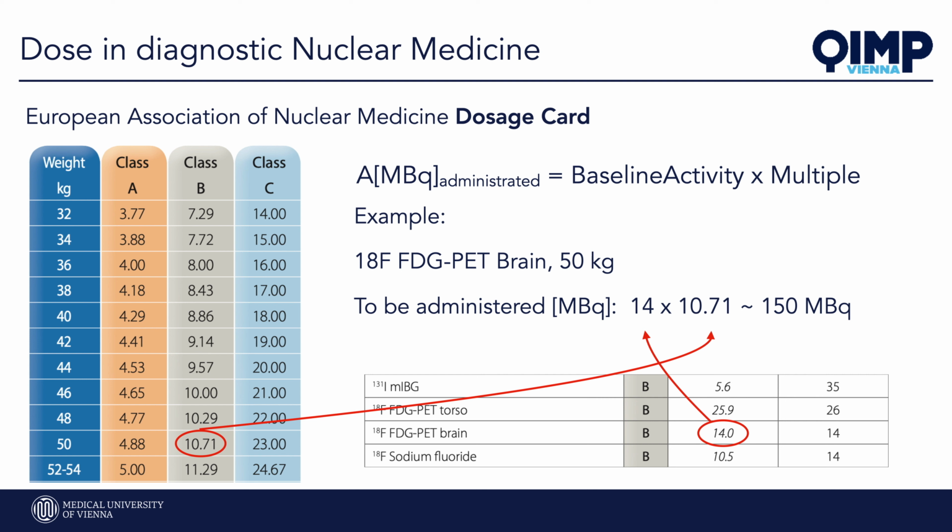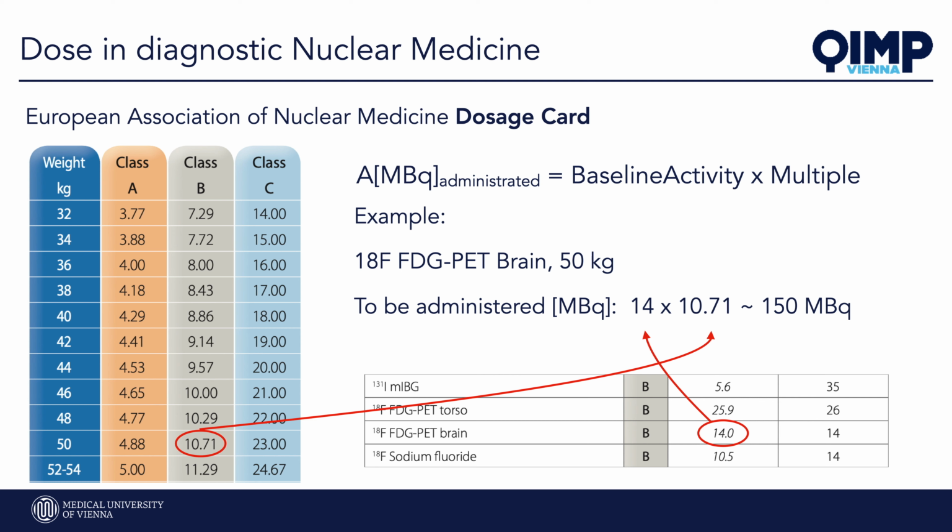For example, for an 18F-FDG PET brain scan of a patient weighing 50 kilograms, the administered activity is calculated as the baseline activity, which for this type of examination is defined as 14, multiplied by a multiple based on the patient's weight. In this case, this would be around 150 megabecquerels. So this is basically what is important in dose for PET imaging.